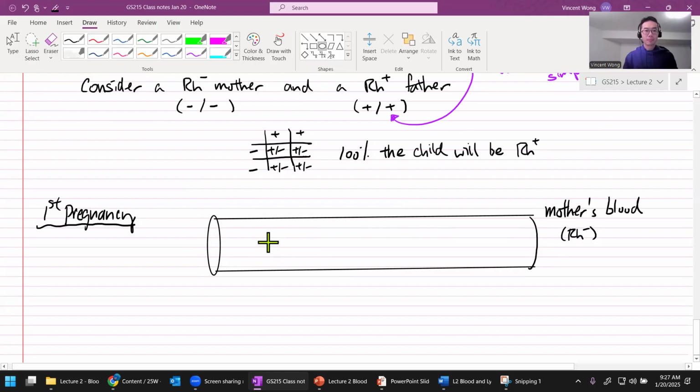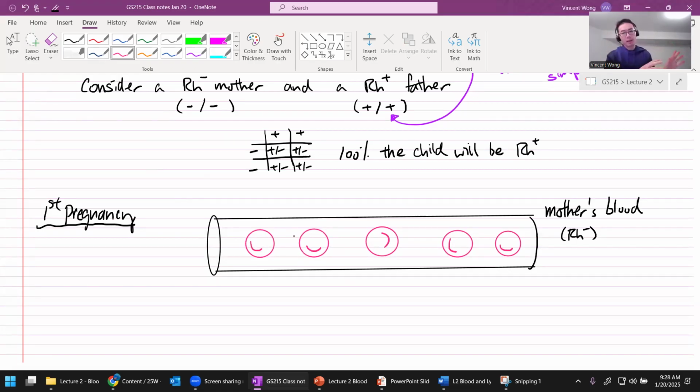So let's draw a bunch of her red cells. Right, these are all her red blood cells. Happy faces without the eyes, basically. And she's negative. I'm not talking about ABO, so we're not gonna draw the A's and the B's, but she's negative, so I'm not gonna put any Rh on them. Right? These are Rh negative RBC. Nothing too complicated.